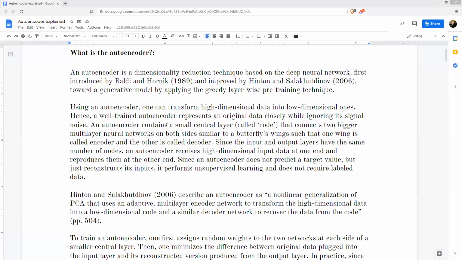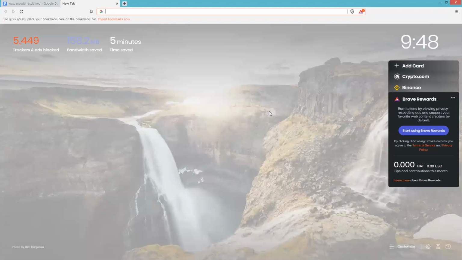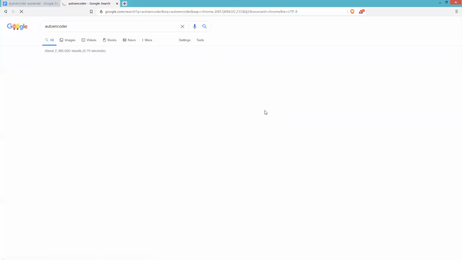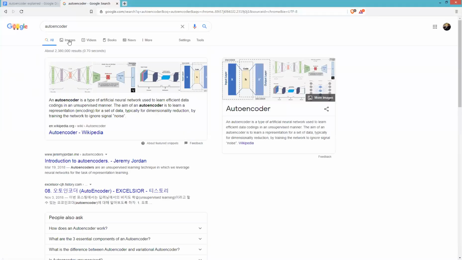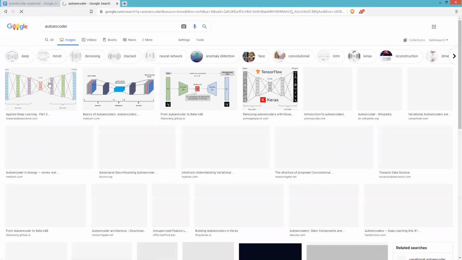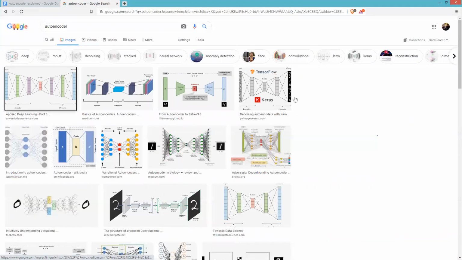An autoencoder contains a small central layer called code that connects two bigger multi-layer neural nets on both sides, similar to butterfly wings. We can see the image of an autoencoder. If we Google autoencoder and find an image, good.